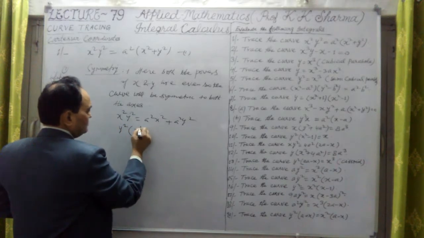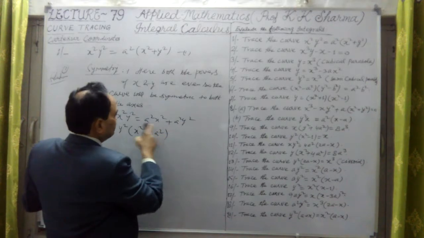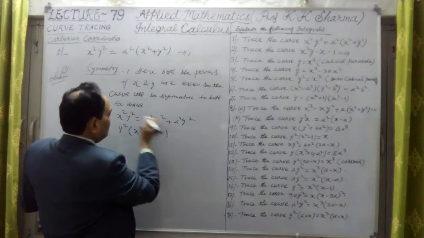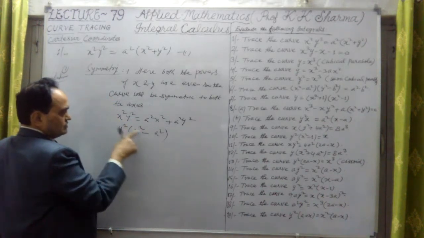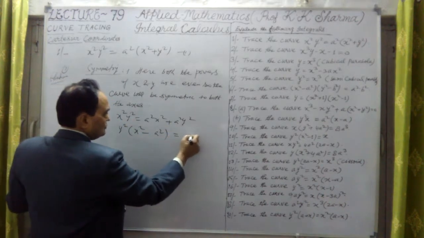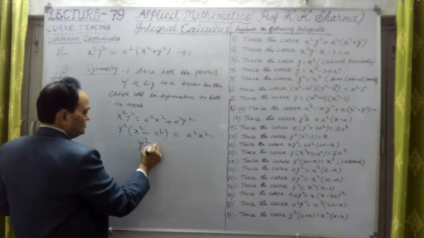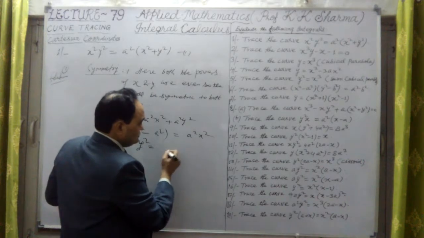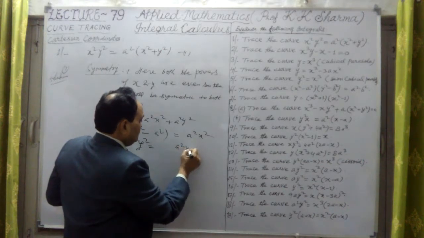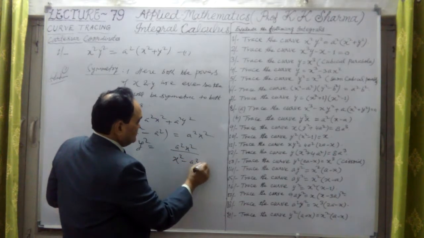It will be x square minus a square equal to a square x square. That is y square is equal to a square x square upon x square minus a square.